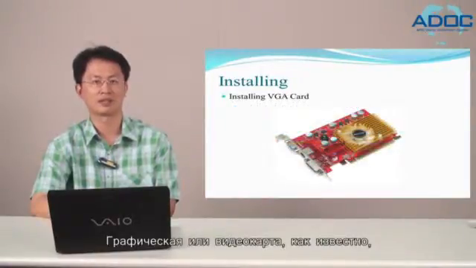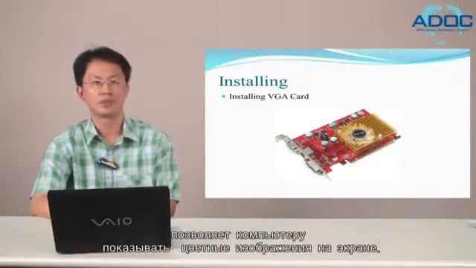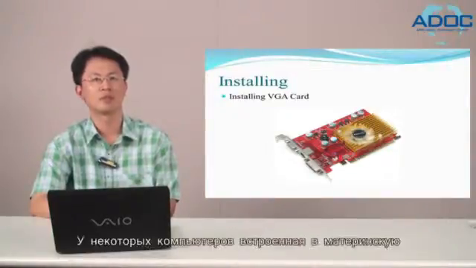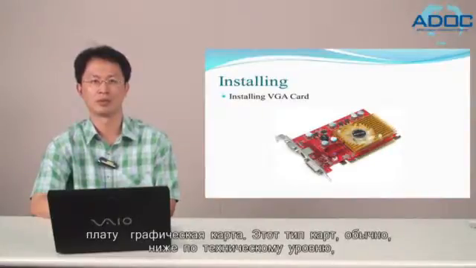The graphics card, or video card as it is also known, allows your computer to display thousands of colors and images on your display. Some computers have a graphics card built into the motherboard.